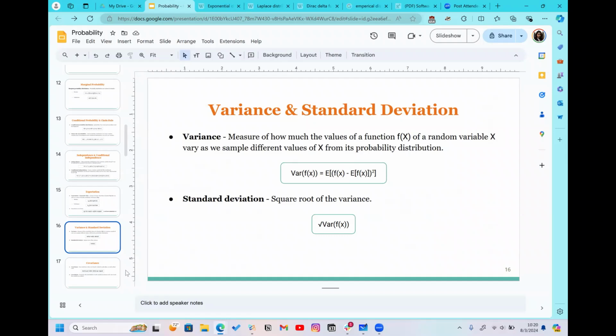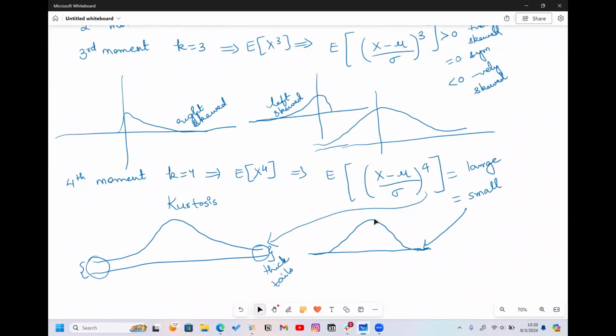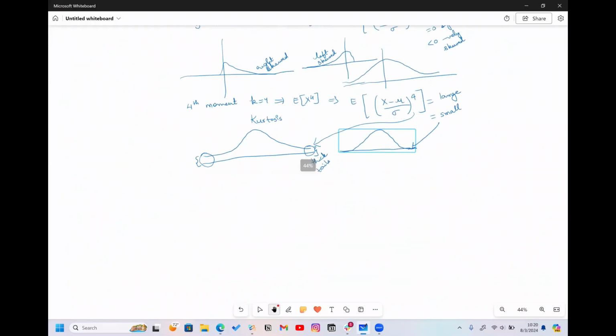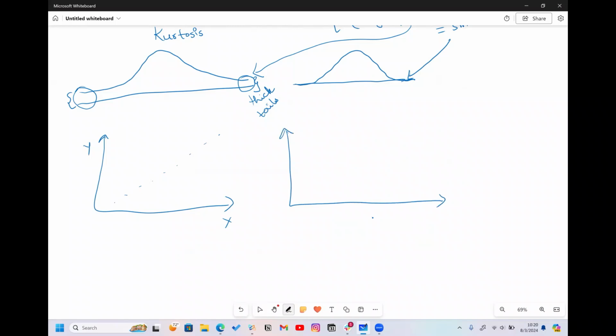Next, we have covariance. Covariance tells you the relationship between the distributions, how two random variables are related to each other. When it comes to covariance, say we have some relationship like this between x and y, and this one is something like that.